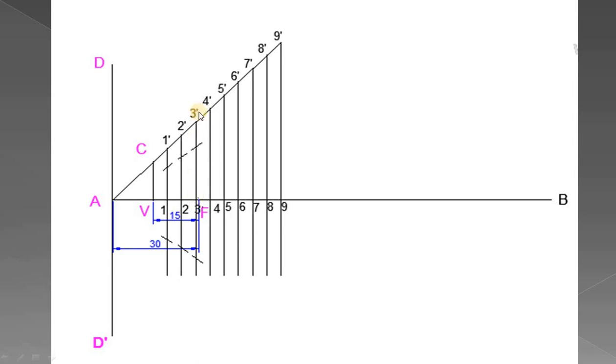Similarly, with 3 3 dash as radius, F as center, draw an arc here on the 3 3 dash line and also here. Likewise 4 4 dash, 5 5 dash, so the radius keeps on increasing and the center should not change. F should always be the center to draw the arc.